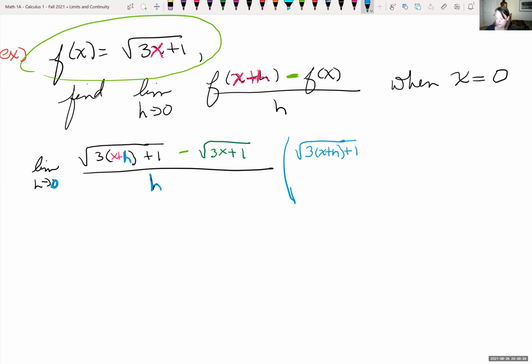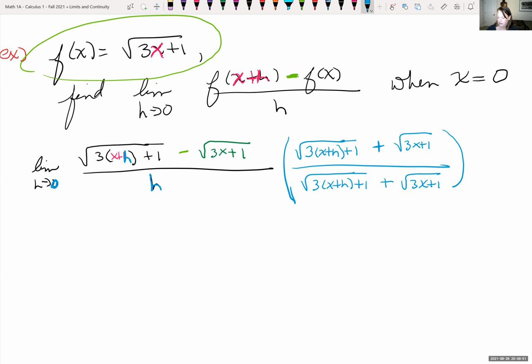Change the sign in between, so now it's plus the square root of 3x plus 1. When I multiply the numerator by it, I also have to multiply the denominator by it.